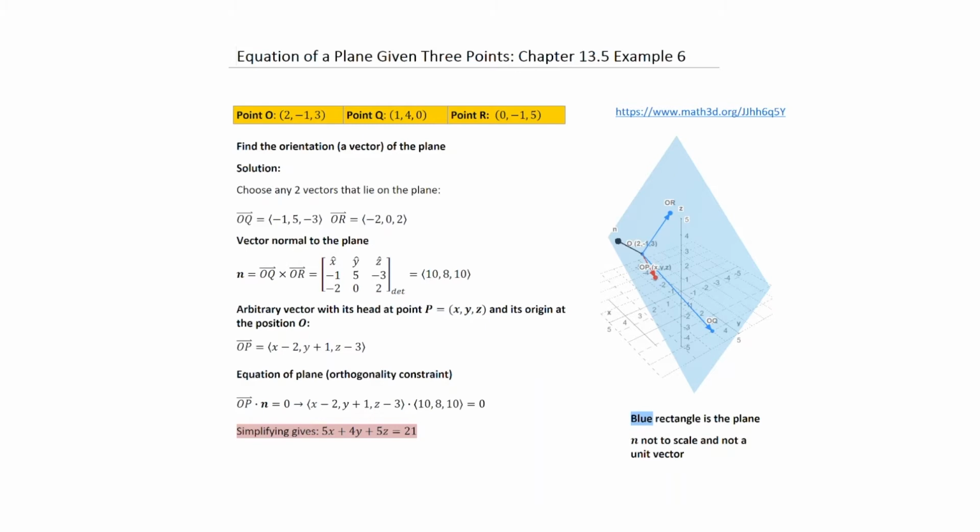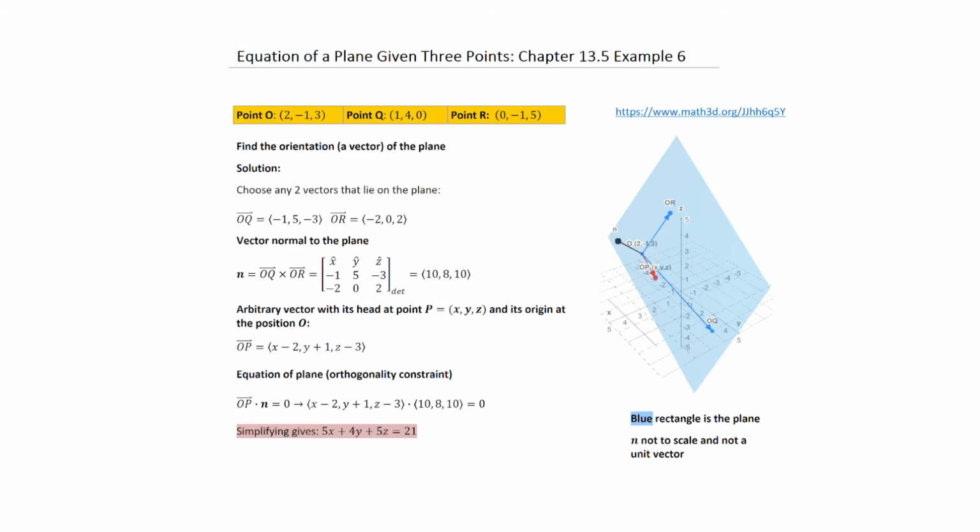That vector needs to lie on the plane on which the lines OQ and OR lie. So how can we enforce that condition? We can enforce it by imposing the constraint of orthogonality. If I take the dot product of OP and n and set it to 0, that guarantees that the vector OP is perpendicular to the normal of the plane, so OP would be lying in the plane.